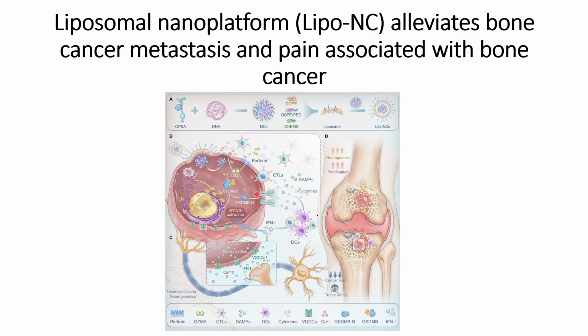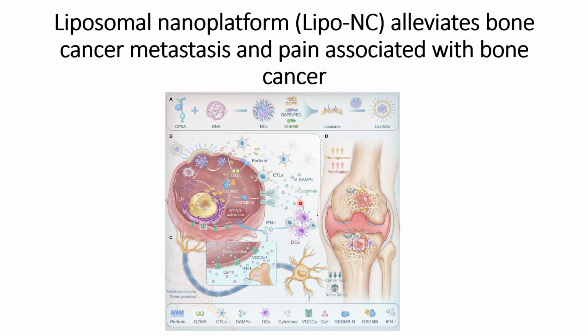Some of the cytokines that are released or caused by this GSDMB are the DAMP cytokines. This DAMP and the STING agonist will cause the release of IFN1, and both of them can interact with dendritic cells, thereby triggering the activation of the dendritic cells against the tumors.